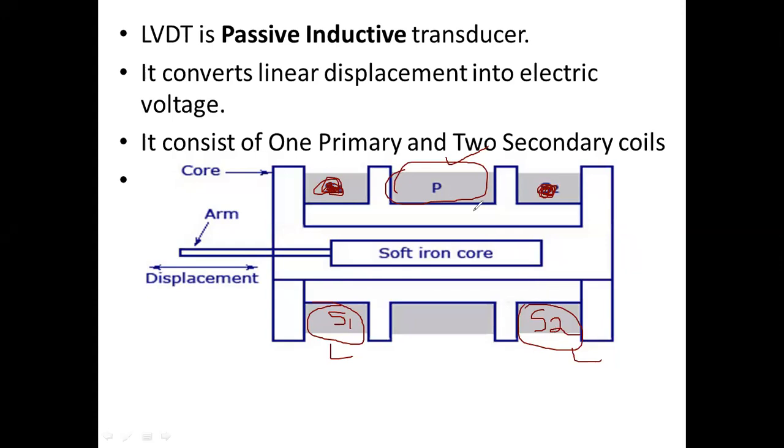Flux will link together because this is the core only. Here also the core is there, here also the core is there. In both cases, the iron core is there.